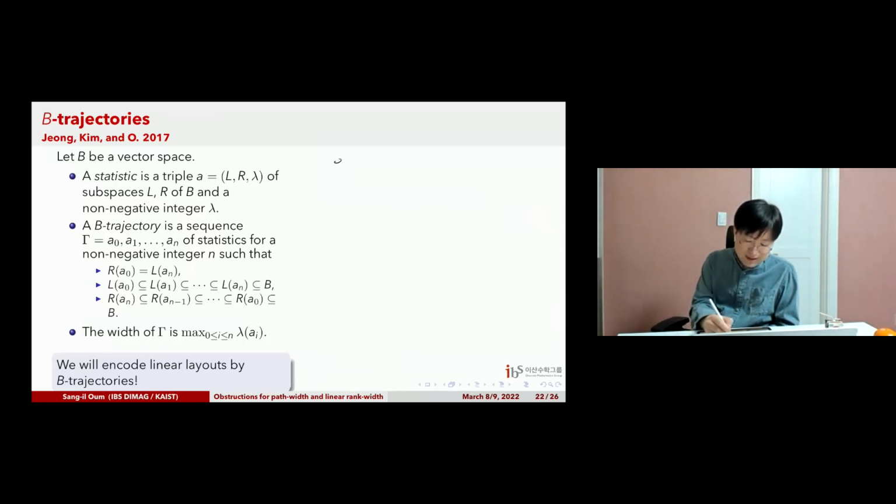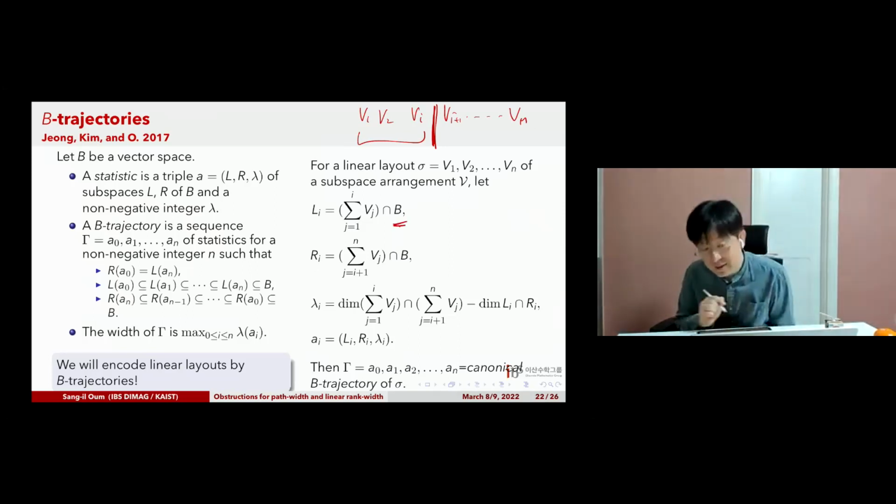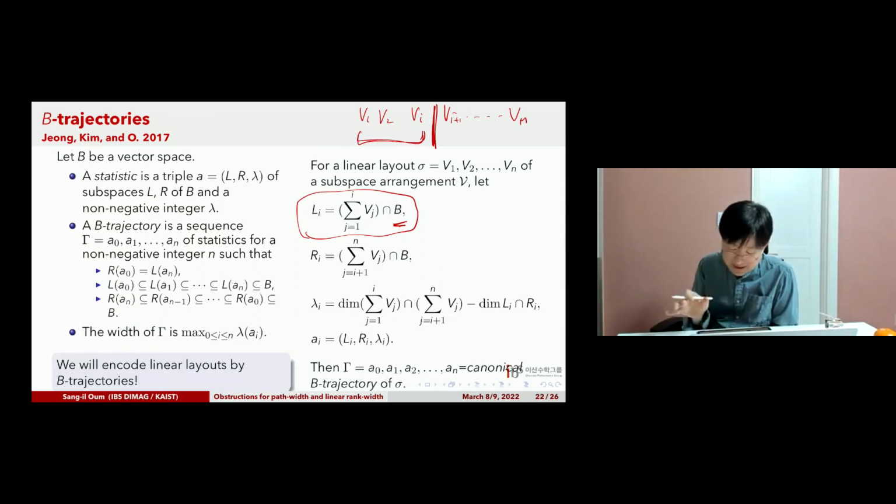The key thing is, for any cut of the subspace arrangement V1, V2, up to Vi, and Vi plus 1 up to Vn, for the left-hand side, I take the sum of them intersected with a particular fixed subspace B. So Li is the sum of the left-hand side intersected with B. So I have the left-hand side, and then I have the right-hand side.